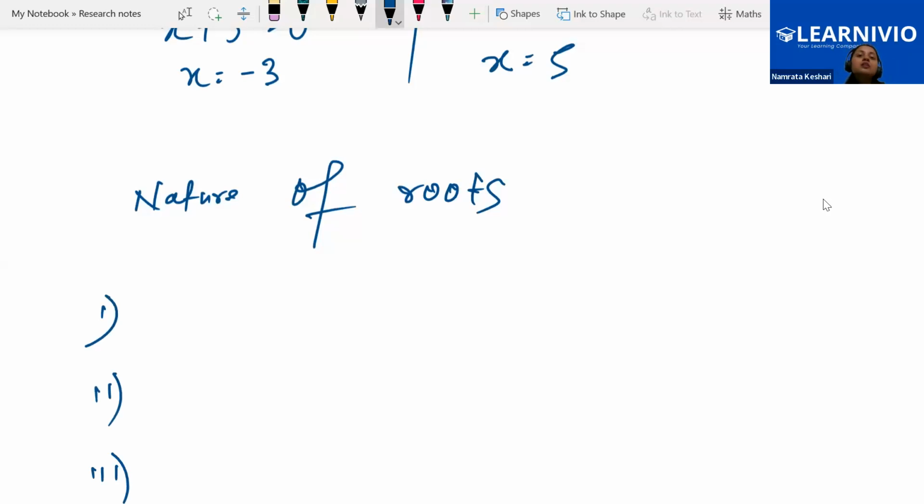Nature means, if we are talking about the nature of a human being, we can say this person looks very shy, this person looks very confident, this person looks overconfident, this person looks bold. Whatever we can say just by looking at the face and observing a few things, we can talk about the nature. Similarly here we will be talking about the nature of the root.